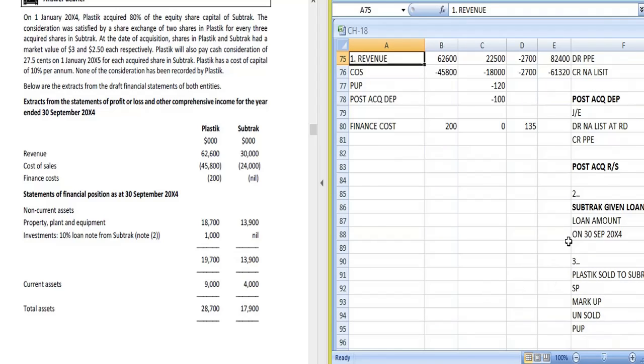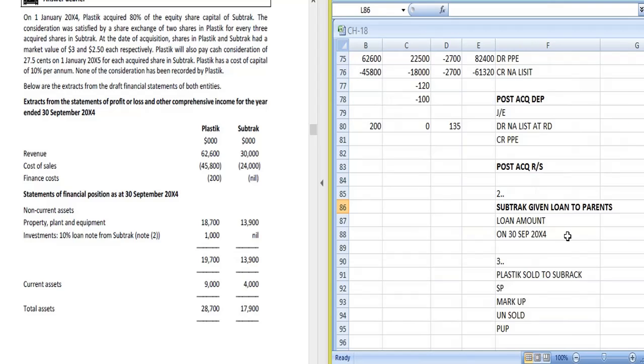But here you might have a question: during the period the subsidiary has given a loan to the parent, so why don't you take the finance cost of that loan? We don't have to take the finance cost of this loan amount because it was given on the reporting date, so no finance cost has been charged on that date.